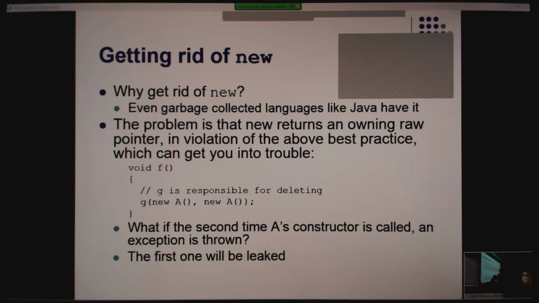Order of evaluation of arguments in C++ is not specified in any way, but one of them will be run first, the other will be run second, and if the second one to run throws an exception, G will never be called and no one will delete the first A object created, right? Just try to find this in debugging, right?